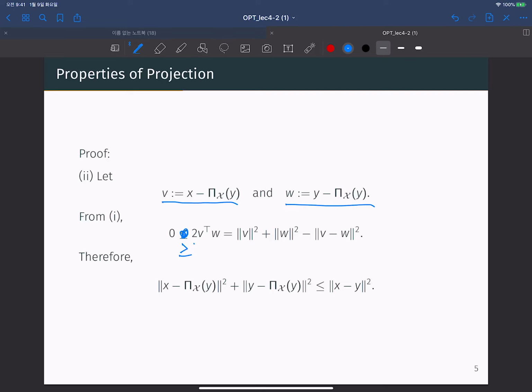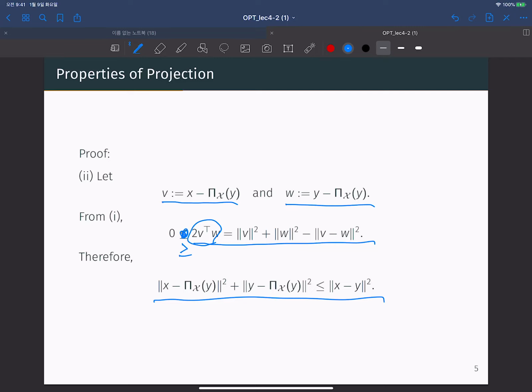And this one is a very simple trick we frequently use. 2 times v transpose w is equal to the norm of v squared plus the norm of w squared minus the norm of (v minus w) squared. So since we know this is negative, we have the norm of v squared plus the norm of w squared less than or equal to the norm of (v minus w) squared. That is the second property.